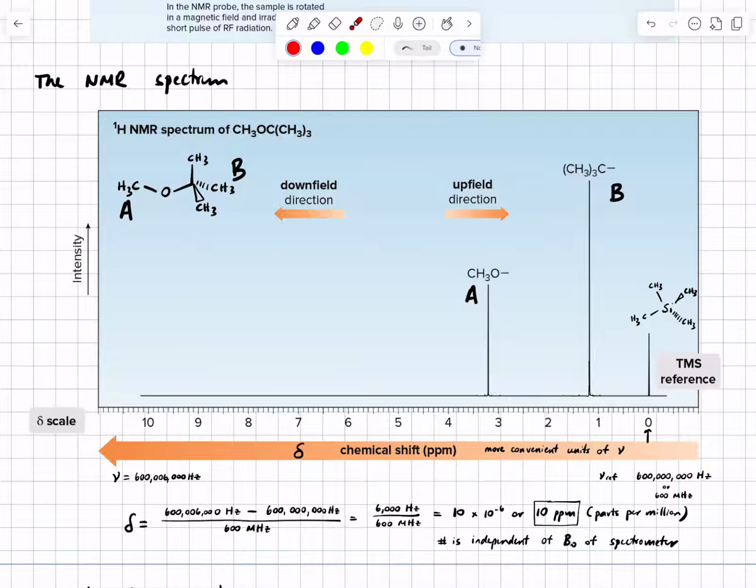So right now these look like lines. If we zoomed in, you would see that they are peaks that follow sort of a Gaussian pattern, and you can integrate the area, you can measure the area under the peak. There's a lot of ways you can do this. Computers just do it for you now. Otherwise, you'd have to do calculus, or if you really wanted to, you could print it out, cut out the peak in paper, and then weigh it and compare it to the weight of other peaks.